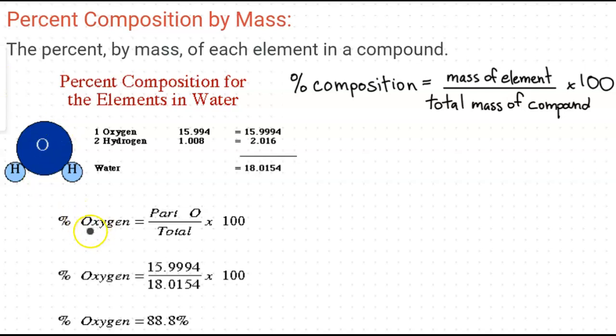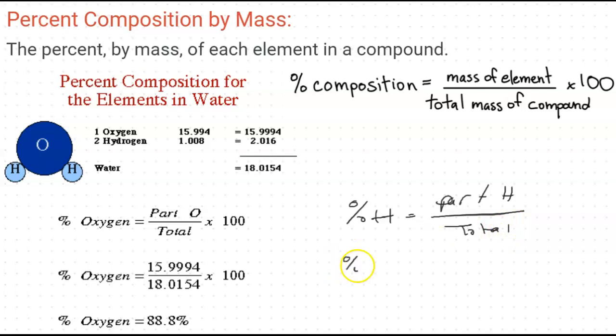So if I want to do the hydrogen, I follow that same format, right? For the part that is hydrogen, I come back up here and I can see that hydrogen was 2.016 part of water. So I take the part that is hydrogen, divide it by the entire total mass of the water.